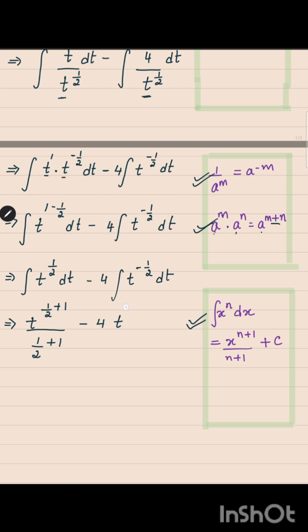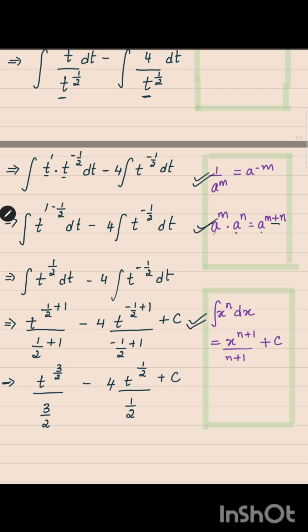So this will be t to the power minus 1 by 2 plus 1 divided by minus 1 by 2 plus 1. We have done the integration, so we write plus c. Now 1 by 2 plus 1 is 3 by 2, so t to the power 3 by 2 divided by 3 by 2, minus 4 into t to the power minus 1 by 2 plus 1, which is 1 by 2, and in the denominator also 1 by 2, plus C.